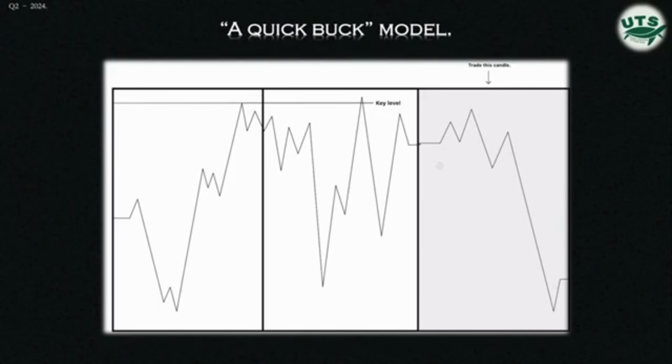This model is a basic method of how to find it. There are more advanced techniques on how to identify this to the pip, right? And know exactly when, where, and how they're going to happen. What does that mean? That means I'm telling you that there's methods out there which allow you to know exactly when this happens.